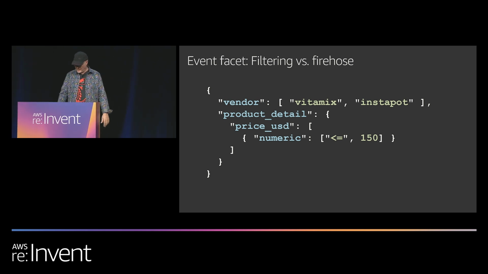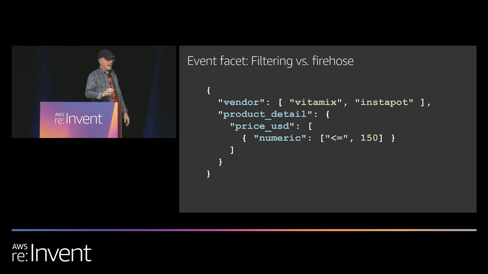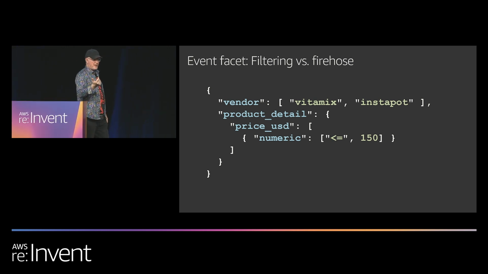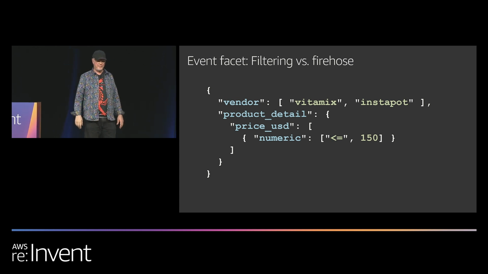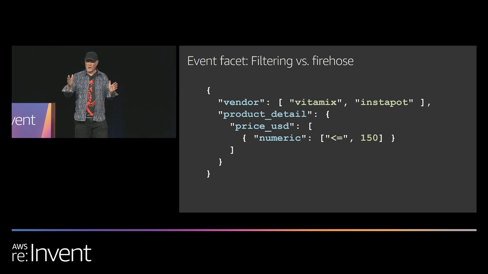So increasingly, the pub sub APIs and the eventing APIs come with filters, such as this one. This one says, of all those orders going through, I only want to see things from Vitamix and Instapot, and I want the product detail field to have a subfield called price_USD, whose value is less than 150. And so that declaratively would probably filter out a huge number of events in the stream.